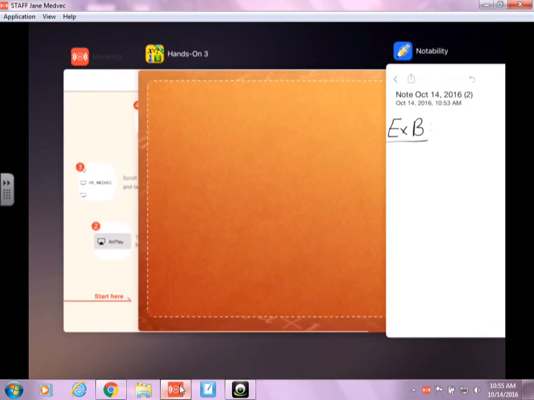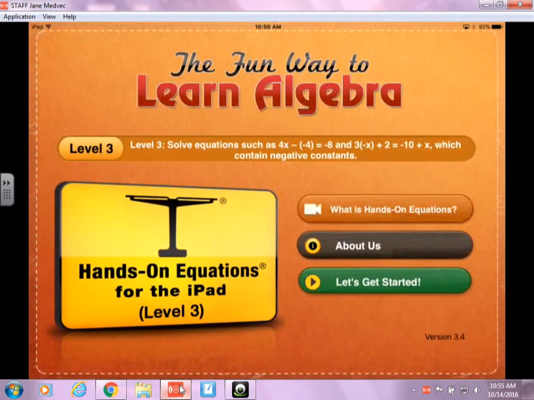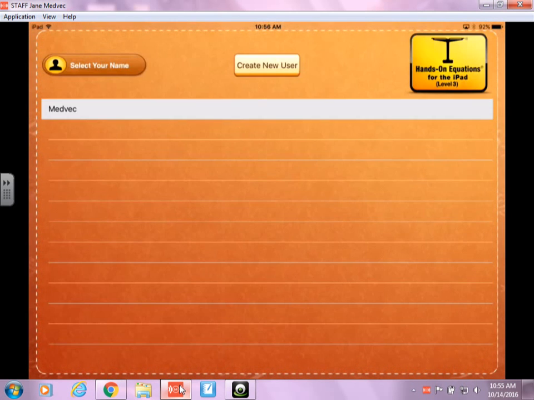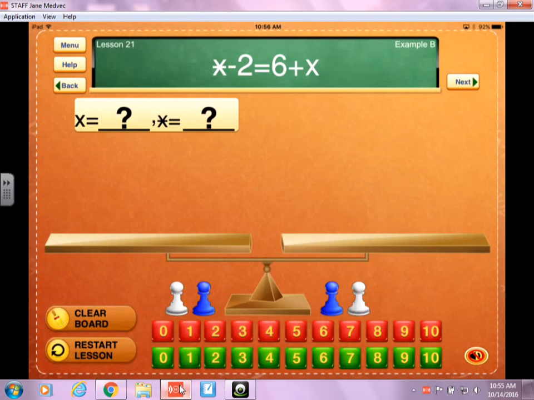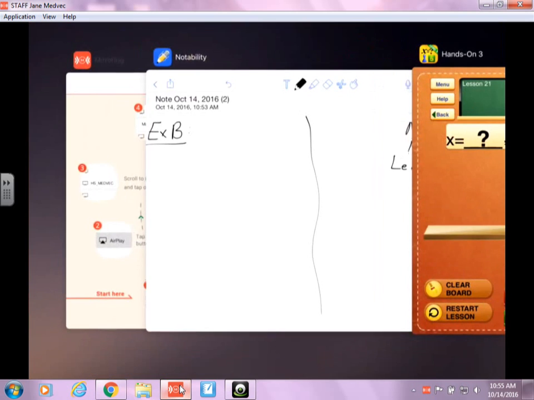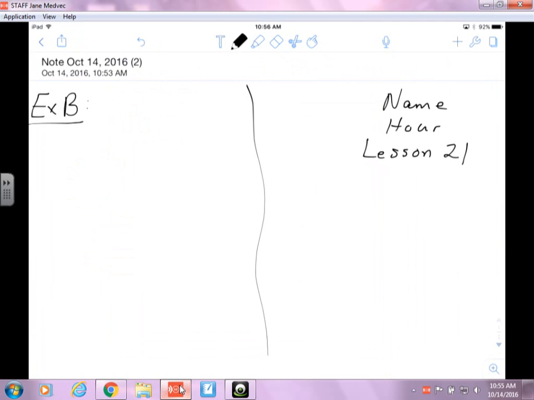I'm going to go to the app, Hands-On Equations 3, and we're going to be looking at problem 21. So you can go ahead and write this down: star minus 2 equals 6 plus x. And I'm going to write it down in my notes.